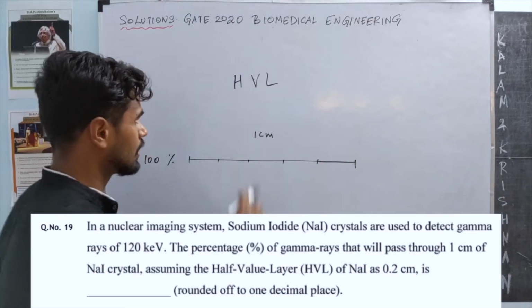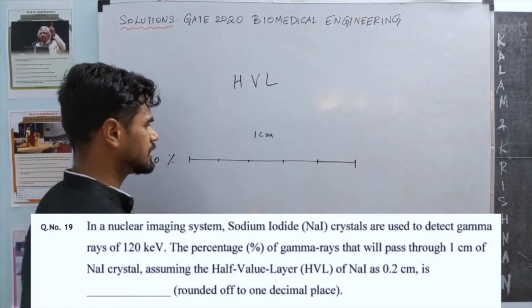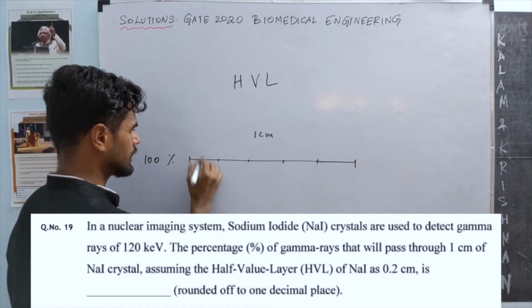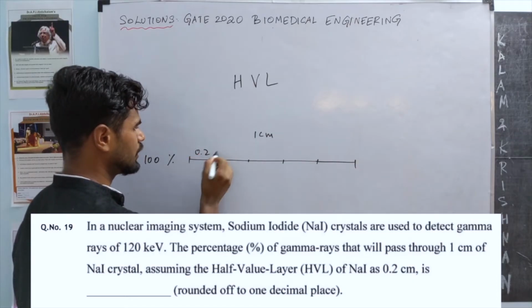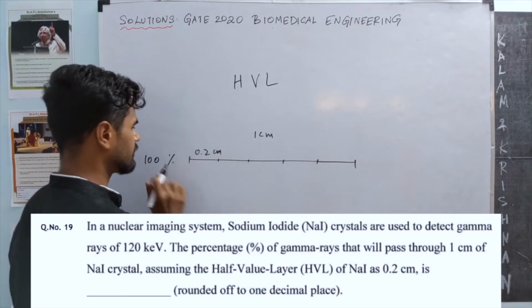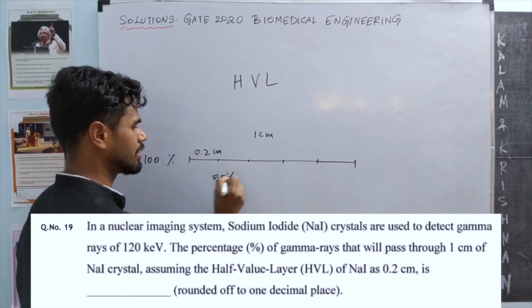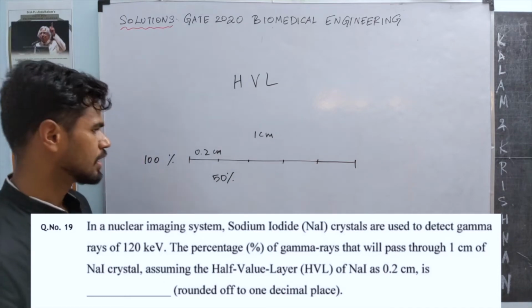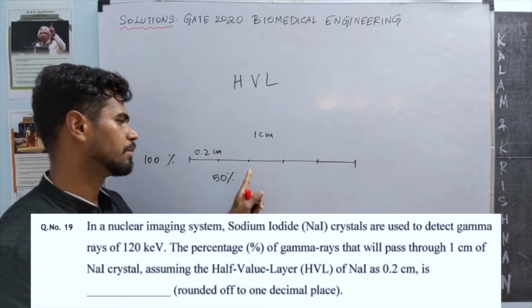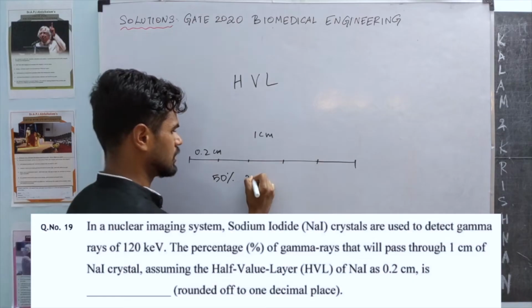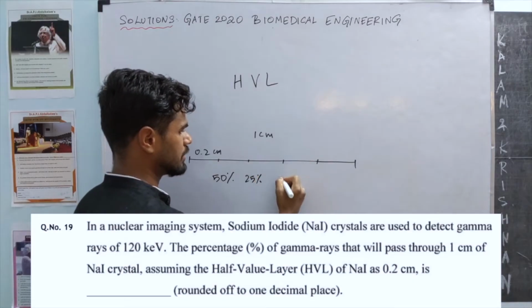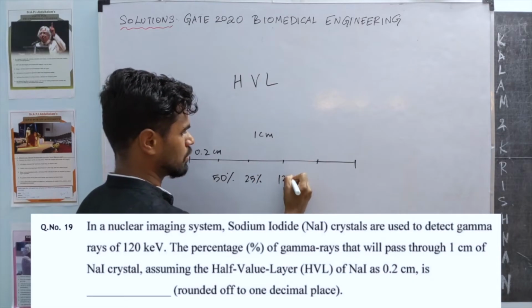All it says is that the half value layer is 0.2 centimeters. By the time it crosses 0.2 centimeters, this 100% would have become half, which is 50%. Another 0.2 centimeters, it becomes half again, which is 25%. Another 0.2 centimeters, it becomes 12.5%.